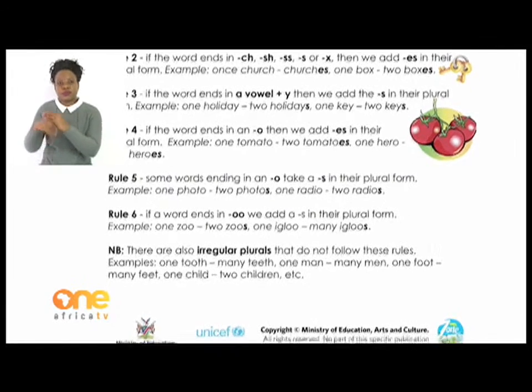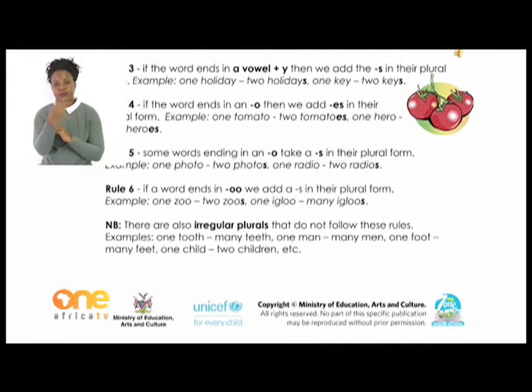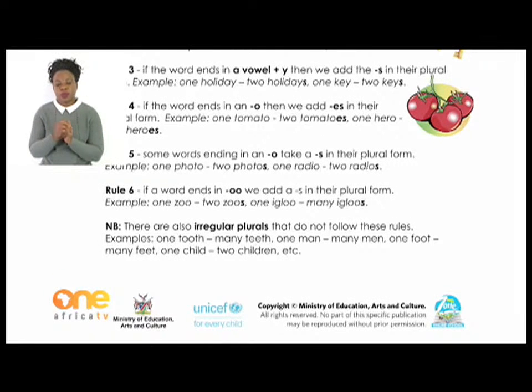Rule number 3, if the word ends in a vowel plus Y, meaning to say a vowel precedes a Y or comes before a Y, then we add the S in their plural form.